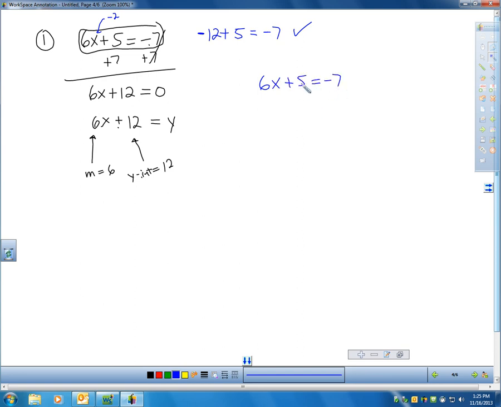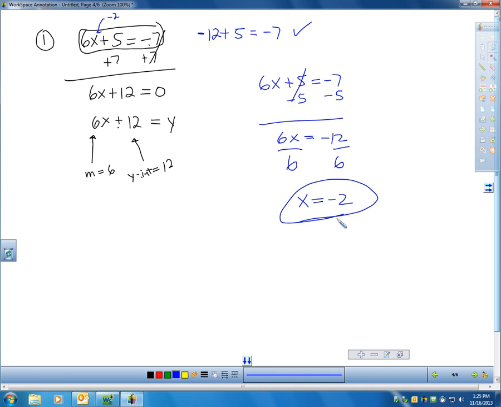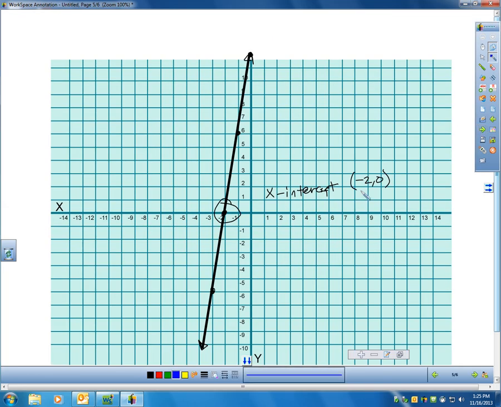To check it algebraically, let's take away 5, which would give us 6x equals -12. Let's divide by 6, and you see when we check it algebraically, we're getting the same result. We're getting -2, where when I graph it, I'm still getting -2.